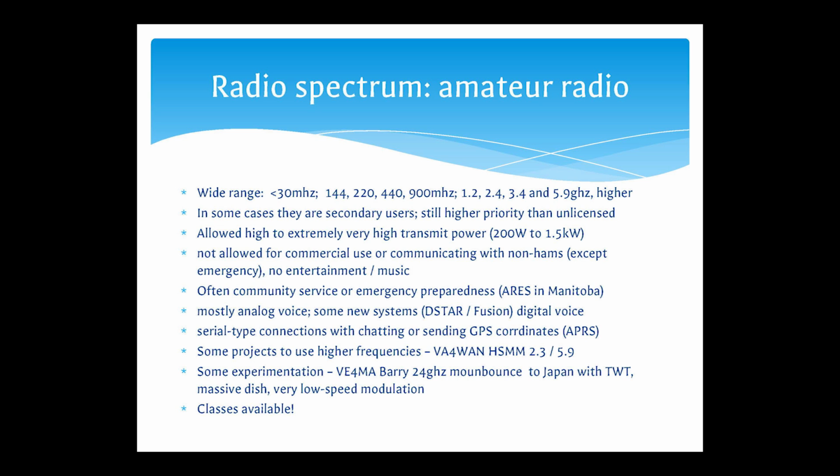There are a number of higher amateur radio frequencies, such as 2.3, 5.9 gigahertz, and even 24 gigahertz, which are not often used due to not much equipment being available.